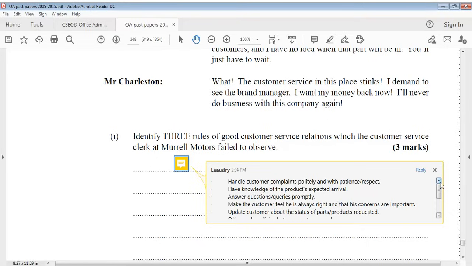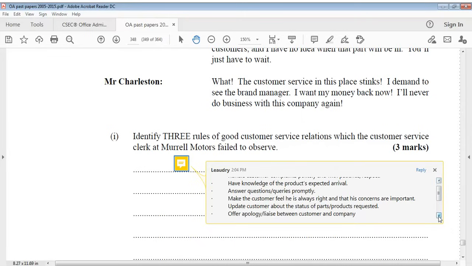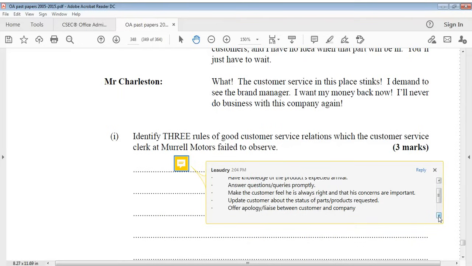Make the customer feel he's always right and that his concerns are important. 5. Update customer about the status of parts or products requested. 6. Offer apology or act as a liaison between customer and company.